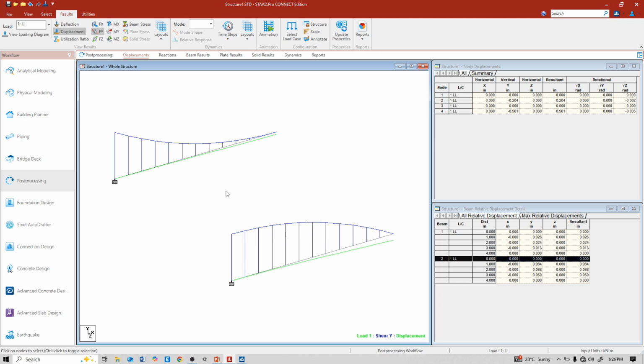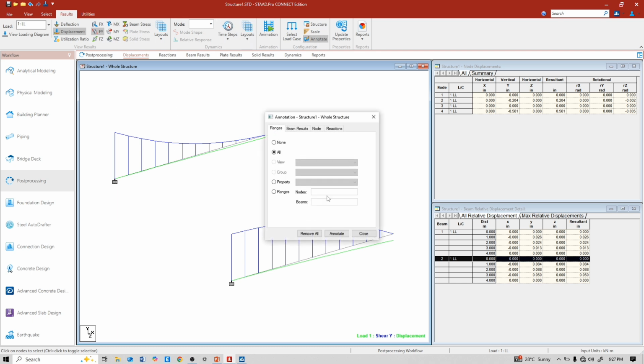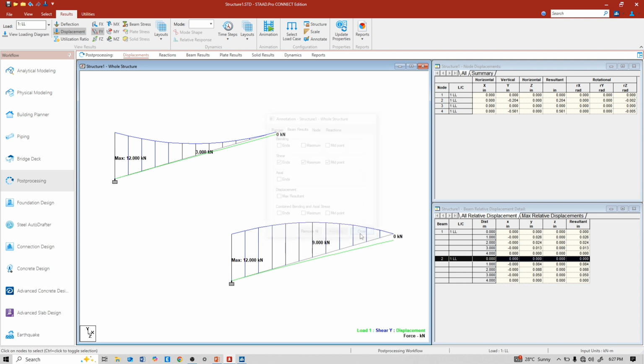Now see the shear difference. Value at the fixed end is the same, 12 kilonewton.